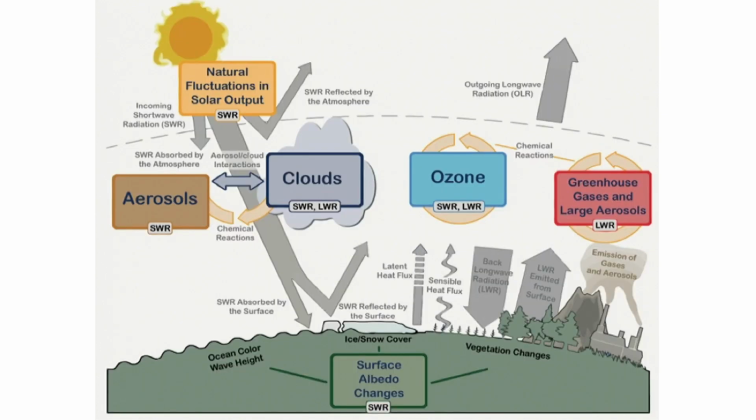So this is a more sophisticated version of a slide that I've shown before. It shows the greenhouse effect, but here it includes the various radiative forcing components like aerosols, clouds, ozone, greenhouse gases, and surface factors. And so it gives you a slightly more nuanced view of how the greenhouse effect works that includes considerations of these various components of radiative forcing.